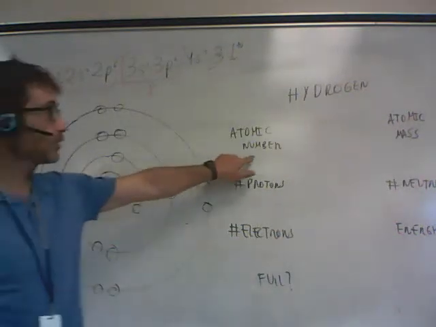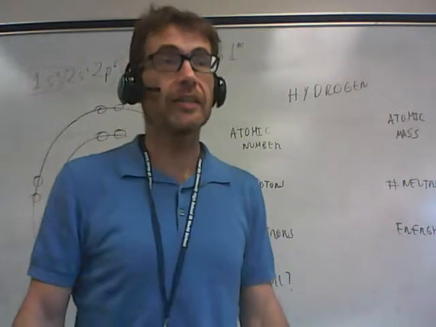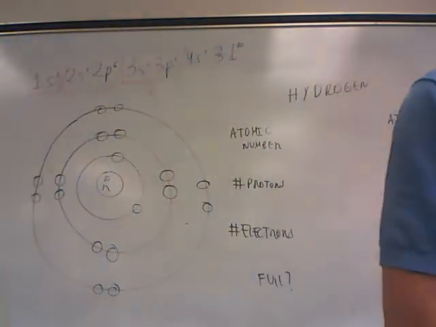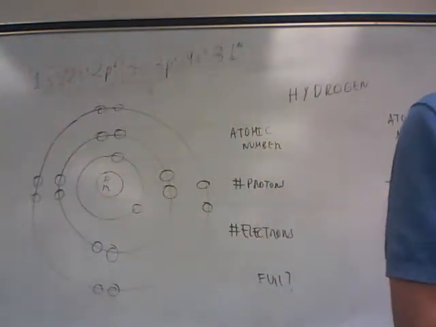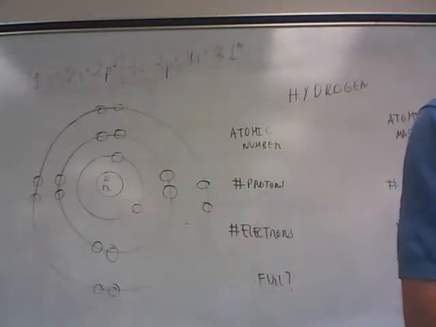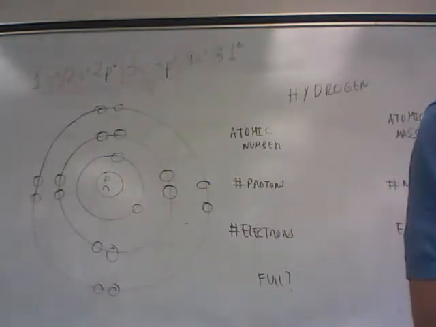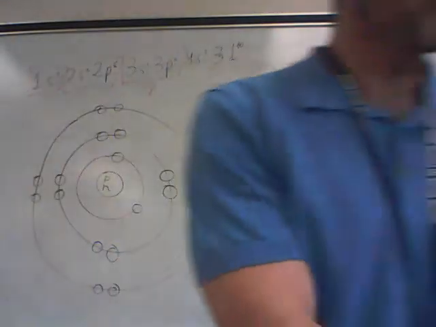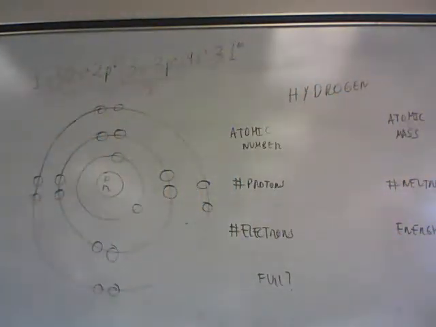To get these two numbers, you have to go to the periodic table. Okay? There is a periodic table on page 105, okay? So you go. Atomic number for hydrogen. The atomic number is this number here.